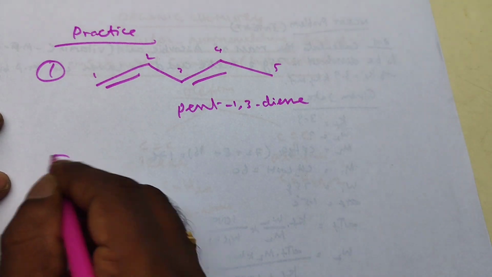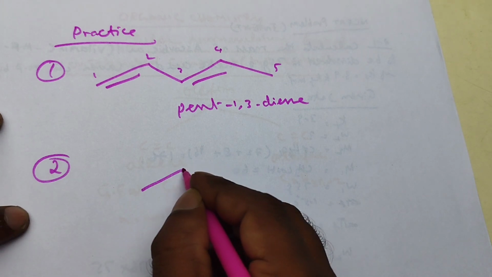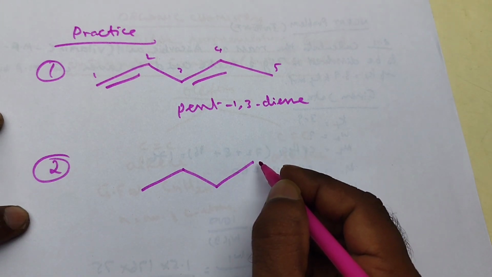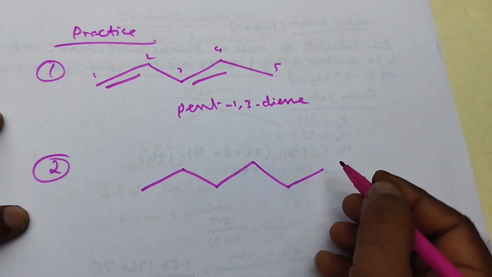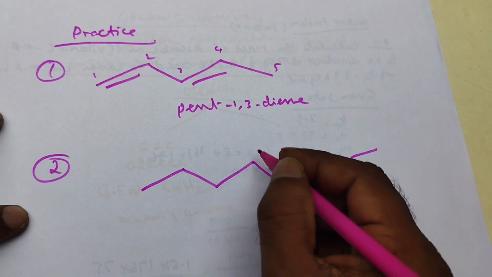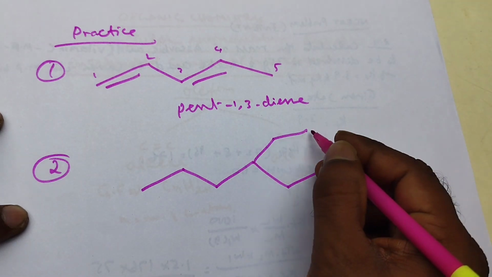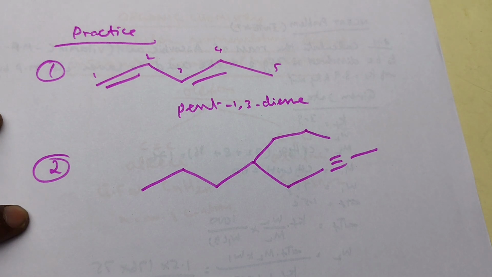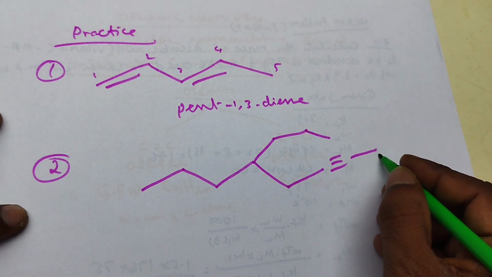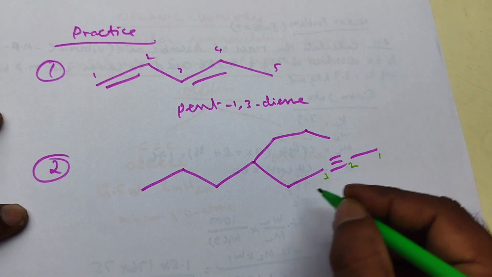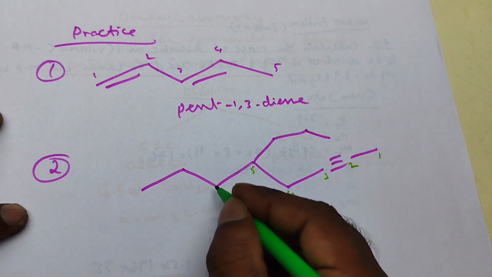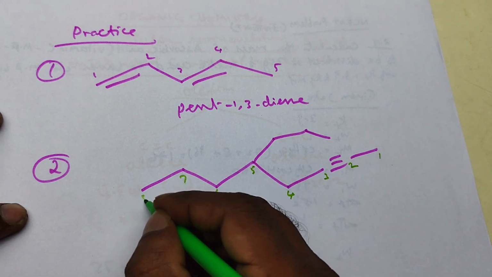If you see another compound, yes, this organic compound is given in a bond-line formula. You have to number the carbon atoms. So you start numbering from here, 1, 2, 3, 4, 5, 6, 7, 8.